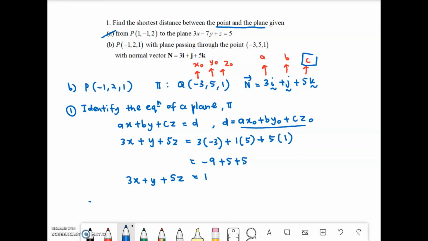So now we can find the distance of the point and the plane, where this is equal to ax1 plus by1 plus cz1 minus d divided by square root of a square plus b square plus c square.